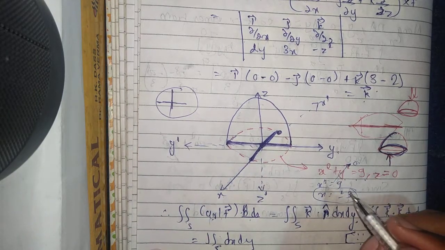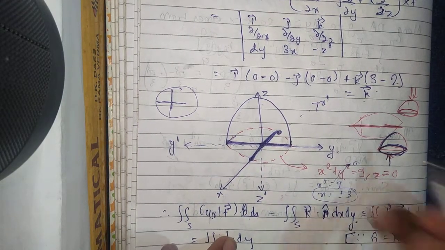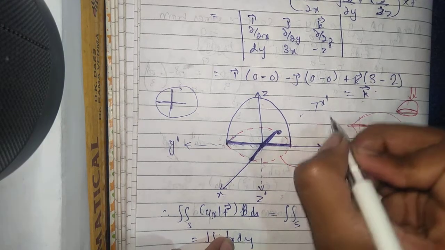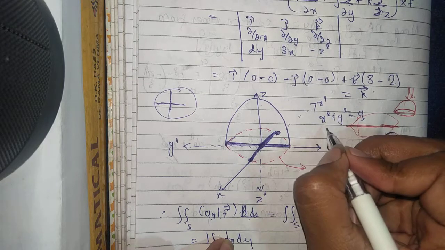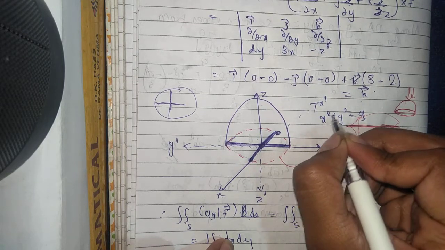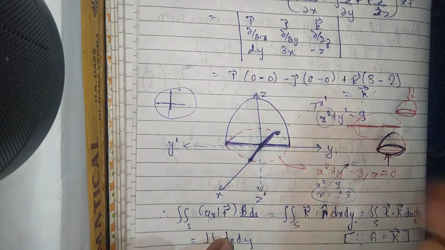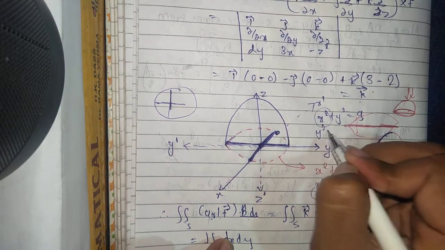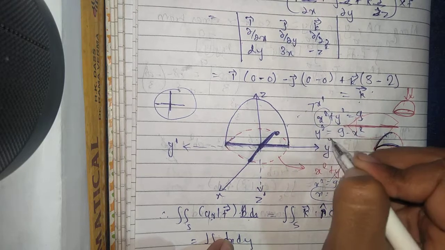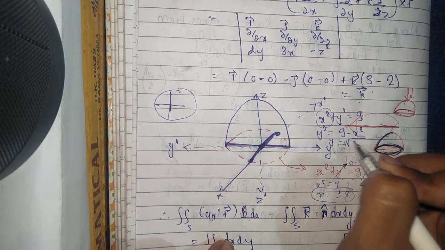To find the limits for y, we take x square plus y square equals 9, and the y-axis comes only after the x-axis. So here we use both variables x and y. So y square equals 9 minus x square, and y equals plus minus root of 9 minus x square.